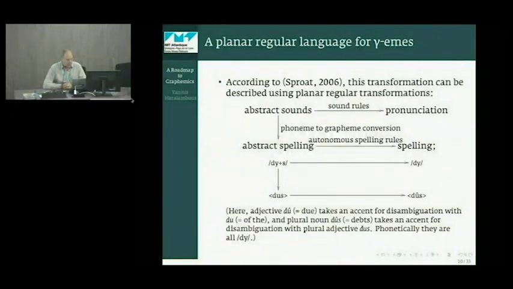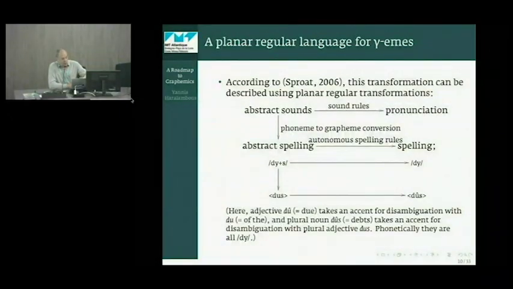And I have an example here of the French word dû. So dû is the participe passé, the participle of the verb devoir. So dû can be translated as due. It takes an accent not for phonetic reasons, but only to disambiguate it from the article du, de le, which doesn't take the circumflex.